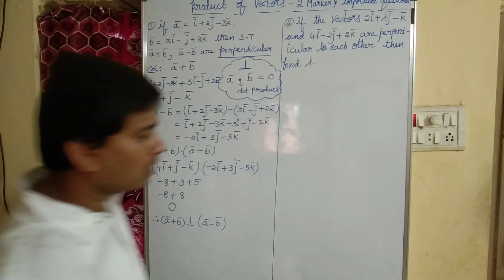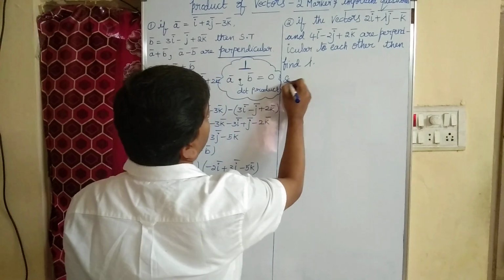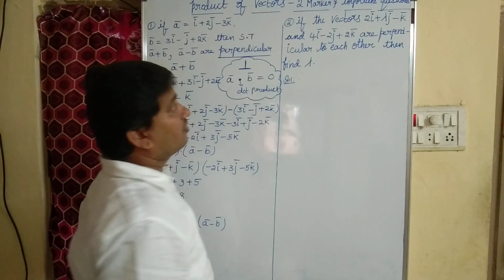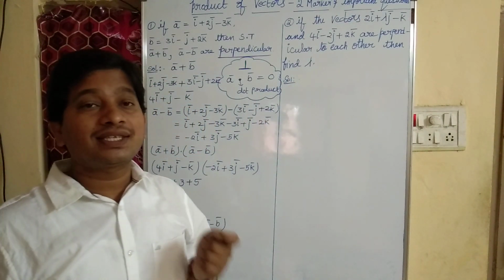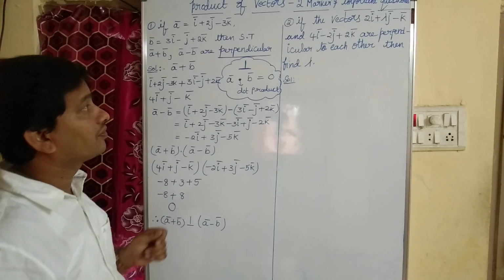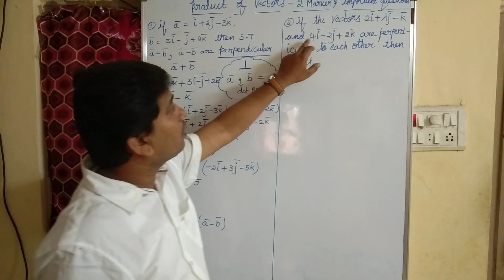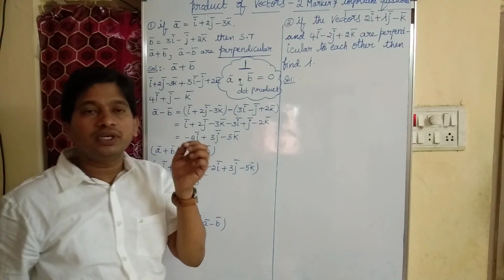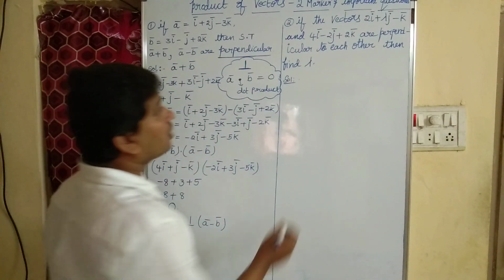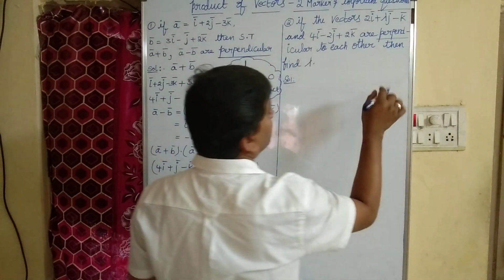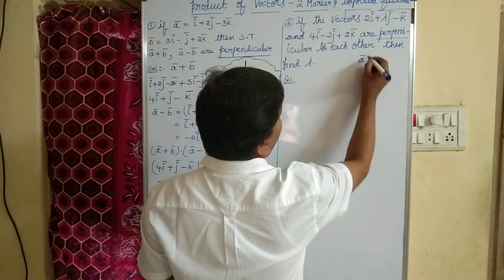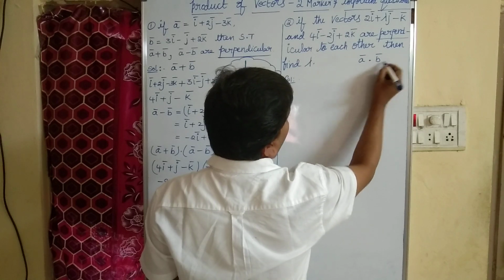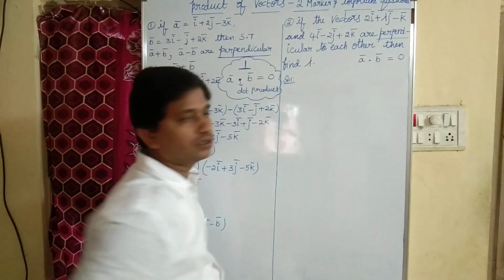Right? Now coming to the second question. If the vectors 2I bar plus lambda J bar minus K bar and 4I bar minus 2J bar plus 2K bar are perpendicular to each other. If you find the word perpendicular, the main point is that the dot product must be equal to 0.